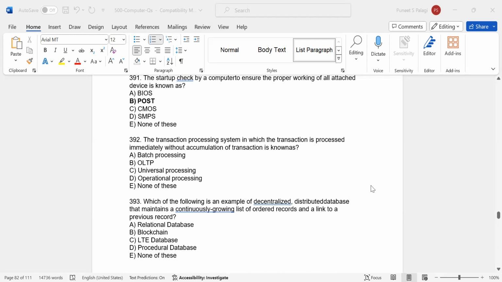The transaction processing system in which the transaction is processed immediately without accumulation of transactions is known as OLTP.